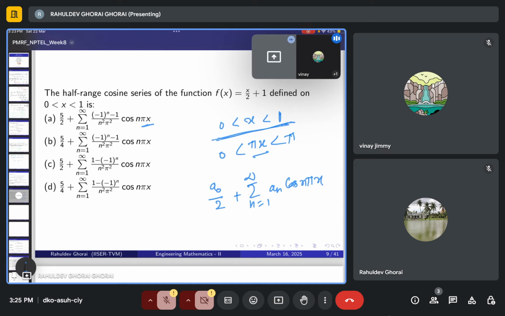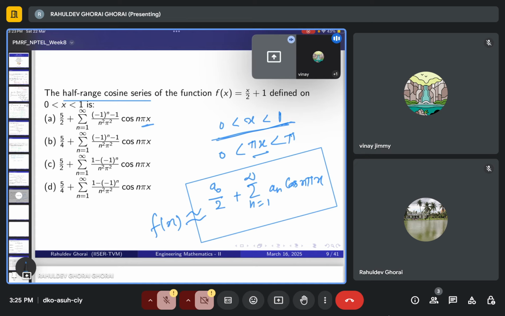But in this case, it's a half range cosine series, so we'll take only this term. So f(x) should be approximated by this series. It will be approximated by a naught over 2 plus summation n equal to 1 to infinity of an cos n pi x.